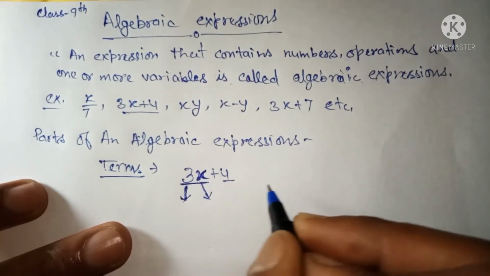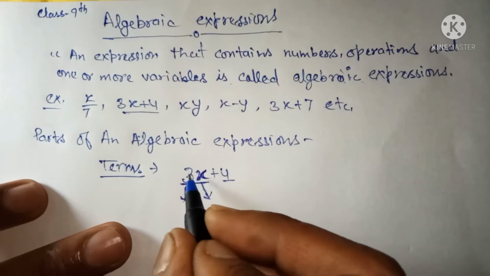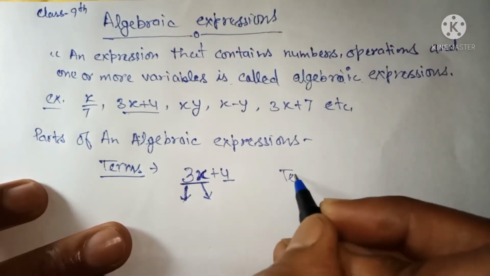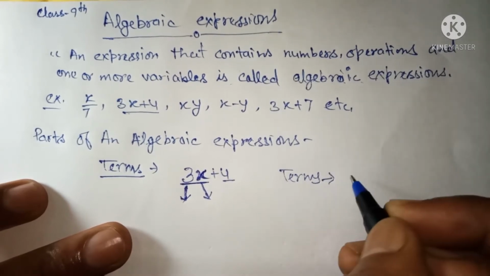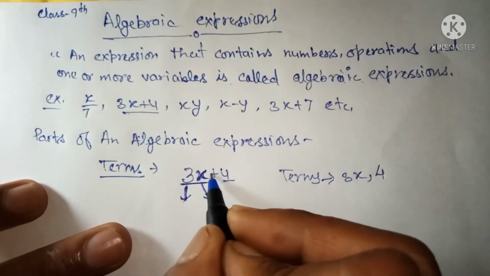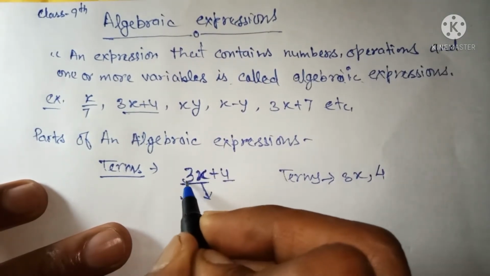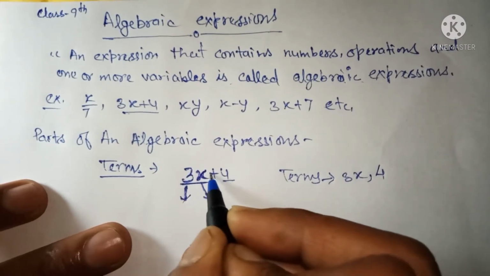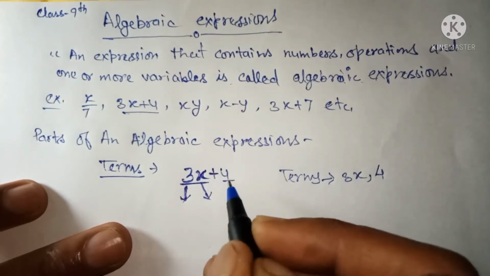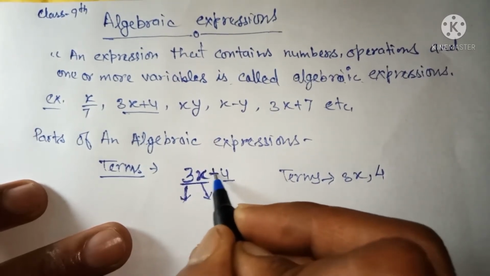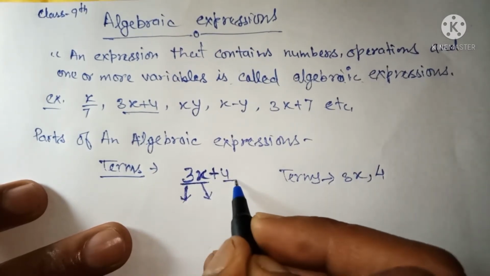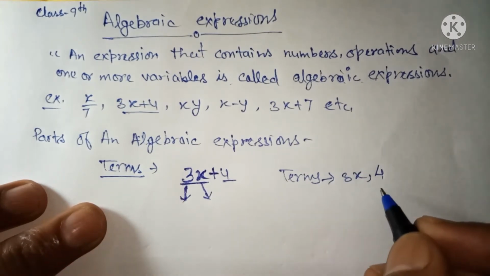So in 3x plus 4 we have two terms: the first one is 3x and the second one is 4, because both terms are combined with an addition symbol, plus. Here we have only two terms.